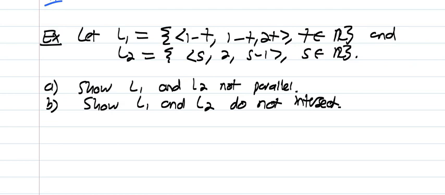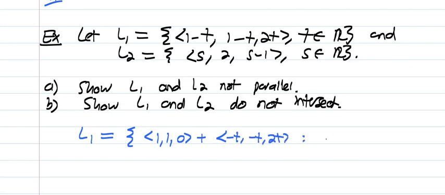Now, in the current form, it's not so easy to see whether they are parallel or not parallel. So let's start off by saying, okay, line 1 equals, and now let's rewrite this 3D vector. So we take out the constants, which is (1, 1, 0), and then we're left with (minus t, minus t, 2t), where t is a real number.